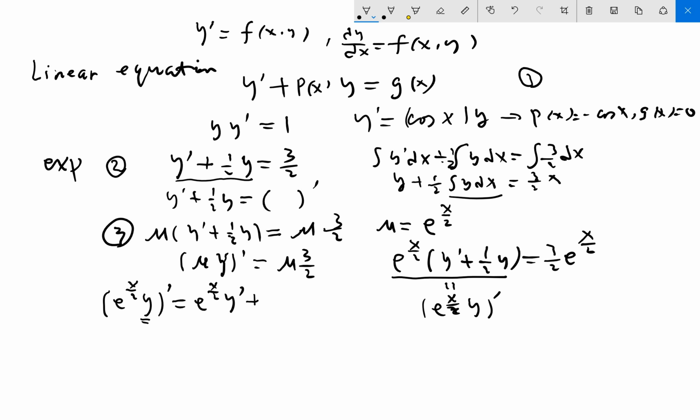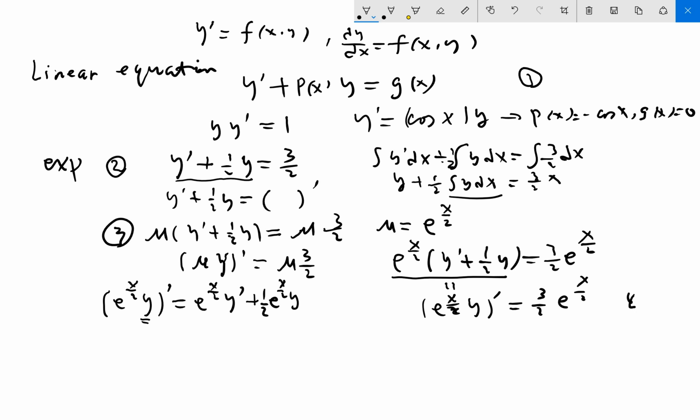Then fix y and take the derivative of the first, giving you 1/2 e to the x over 2. That's exactly what we want. Therefore, equation 3 really can be written like this: (e to the x over 2 times y) prime equals 3/2 e to the x over 2. Now we integrate on both sides.